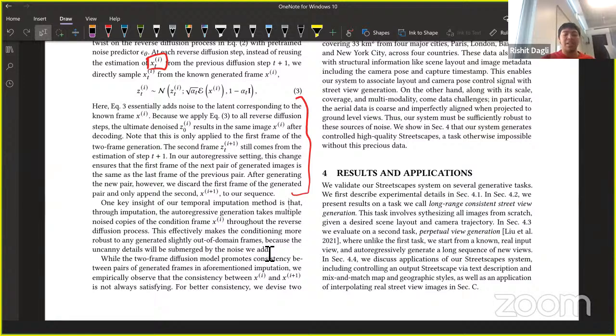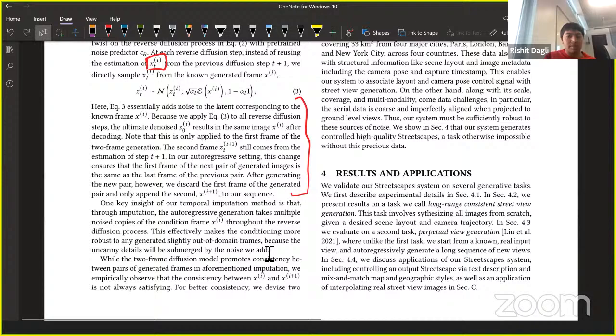This is very useful for them because it's making the training more robust. So it doesn't really matter if you have all of these small differences while doing this temporal imputation. And this allows them to get consistency.